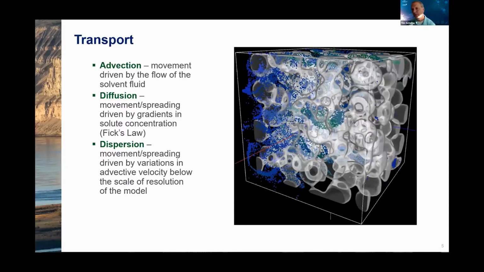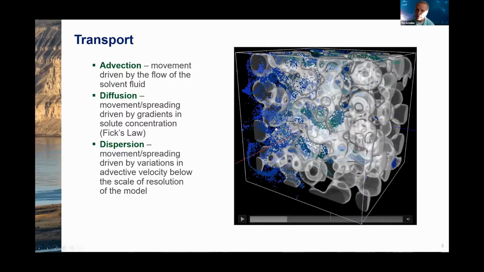And so in many reactive transport models, dispersion is also represented as a diffusion-like process using Fick's law. Although we've learned that in fact this kind of advective-dominated dispersion in many cases is not well represented by Fick's law, and what's often called in the literature anomalous dispersion is actually not anomalous at all. It's the norm.